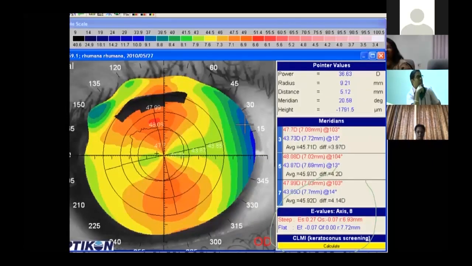So this is also a steep cornea showing an almost symmetric bow tie, but this might be only a symmetric bow tie with a steep cornea. It may not be keratoconus. So we have to correlate with other findings to label it as keratoconus.